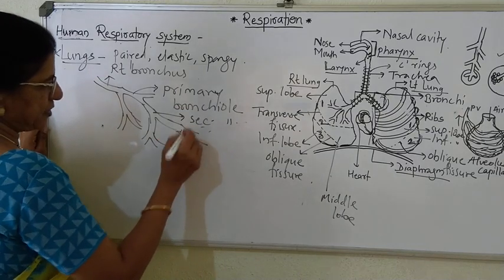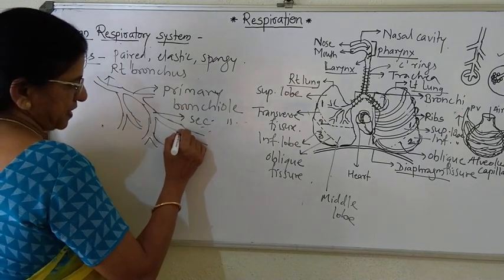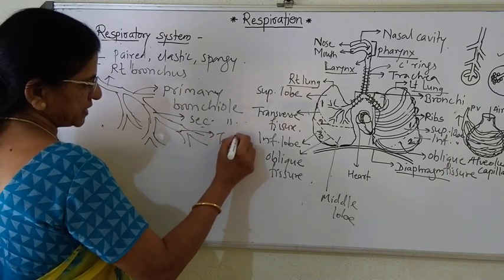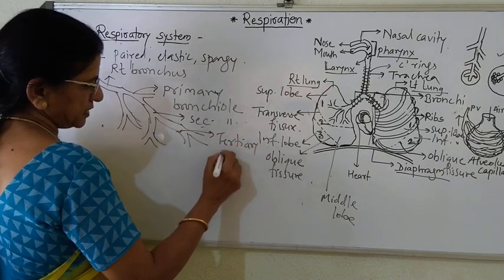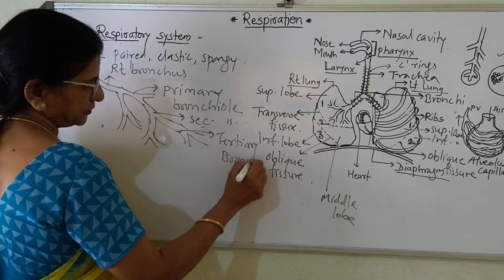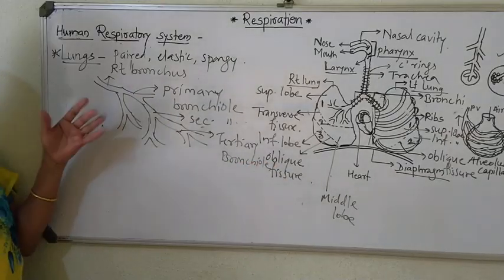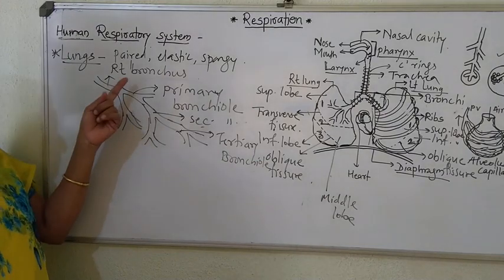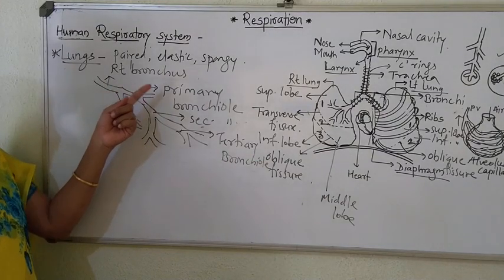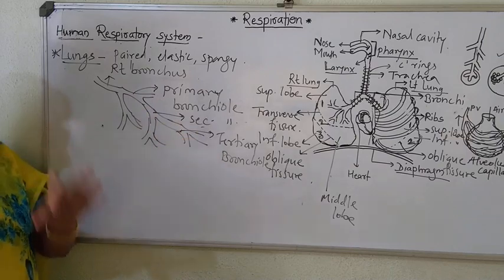The secondary bronchiole then divides and forms the tertiary bronchiole. So finer and finer branches of this bronchus occur, for example, primary, secondary, tertiary.